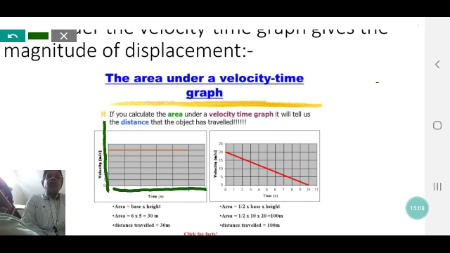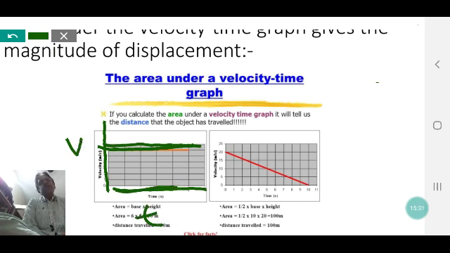But the velocity does not increase as time passes. Then we can say the object is moving with uniform velocity, and here the acceleration is constant. Acceleration is 0 here. There is no acceleration. The object is moving with constant velocity v, and this is t.